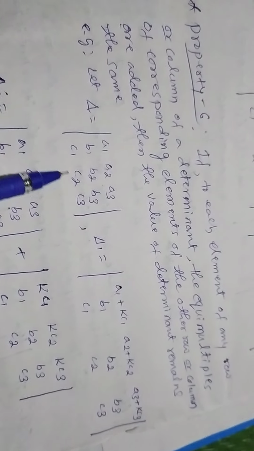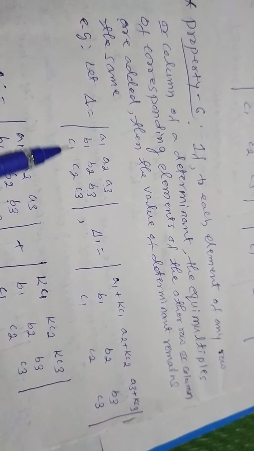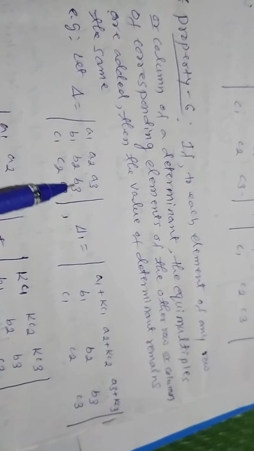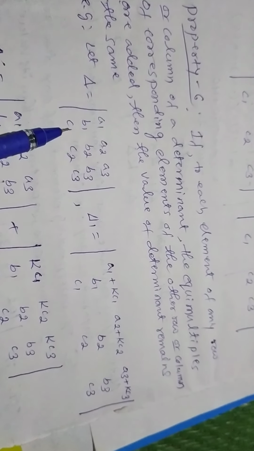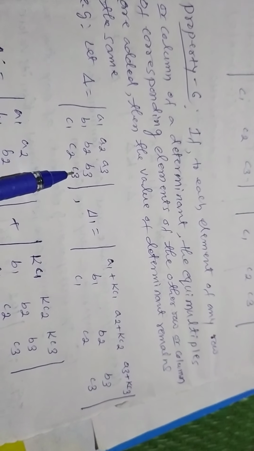When you multiply any row or column with some constant k, and we add that constant multiple of any row or column to another row or column. Say I multiply R3 with k: k c1, k c2, k c3.